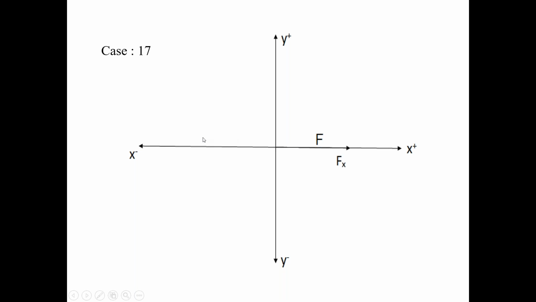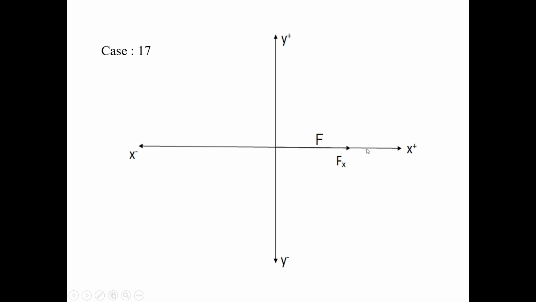In the first 16 conditions, the force F is acting in the inclined direction, either in the first quadrant, second quadrant, third quadrant, or fourth quadrant. In all those 16 conditions, the force F is in the inclined direction, whereas here the force F is acting along the x-axis.